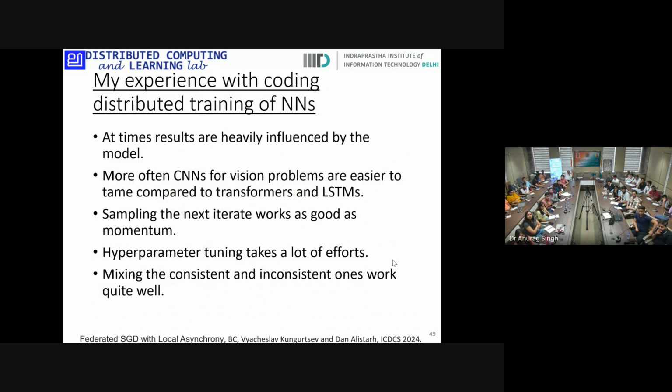And here are four or five pieces of information from my experience of distributed machine learning model training. At times the results are heavily influenced by the model.